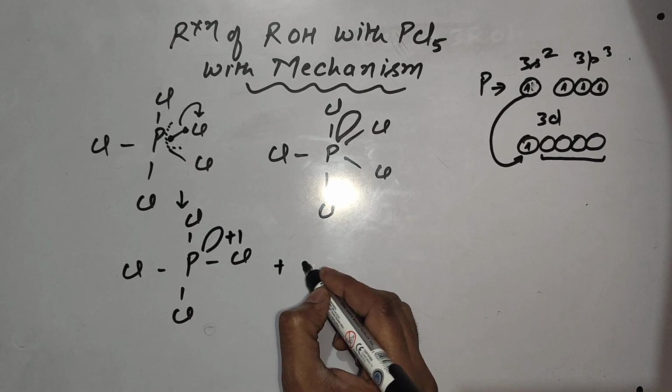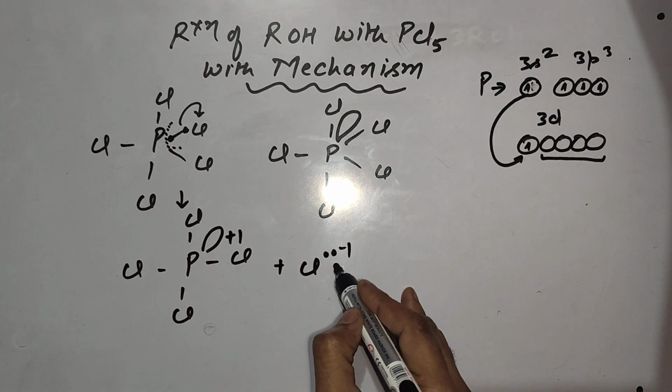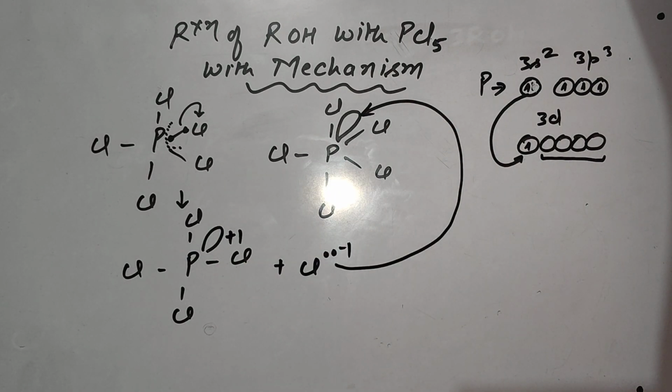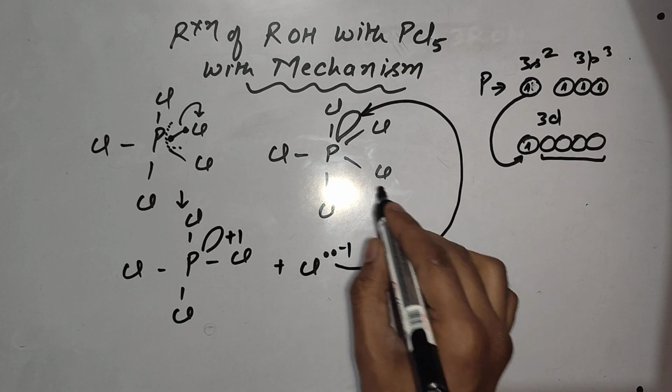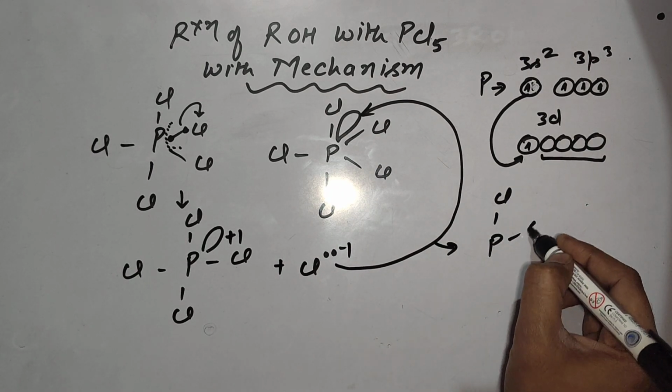Now the Cl negative which was generated from here is going to make a coordinate bond with the second PCl5 molecule, due to which this PCl5 will become PCl6.